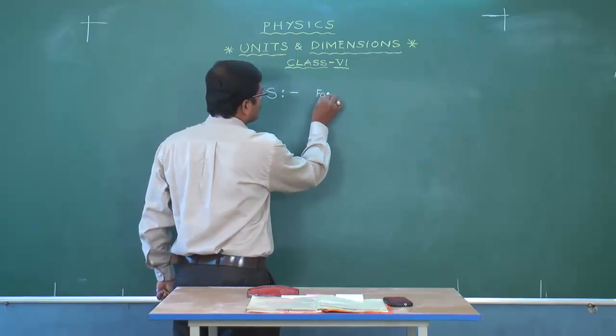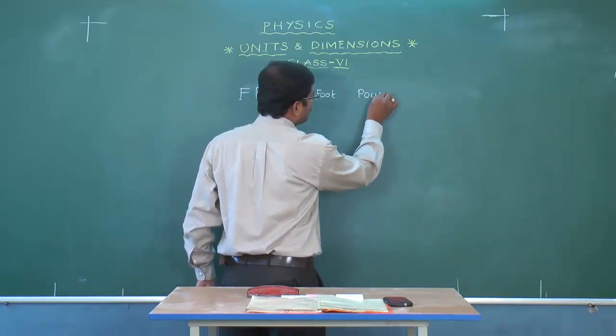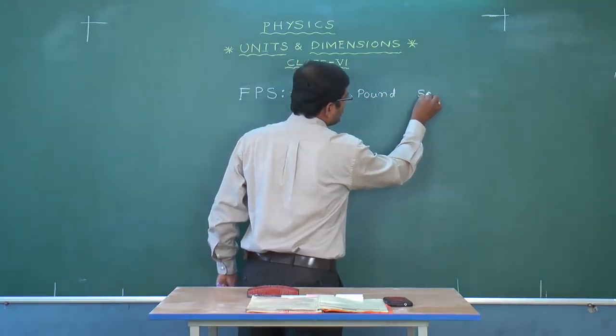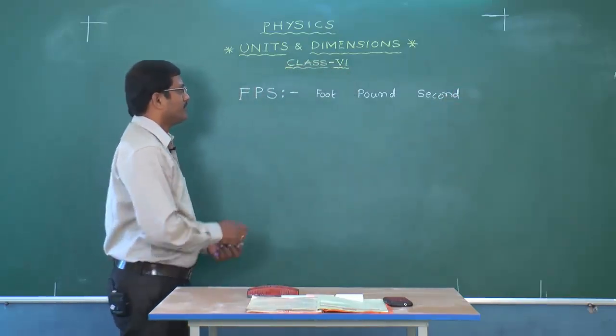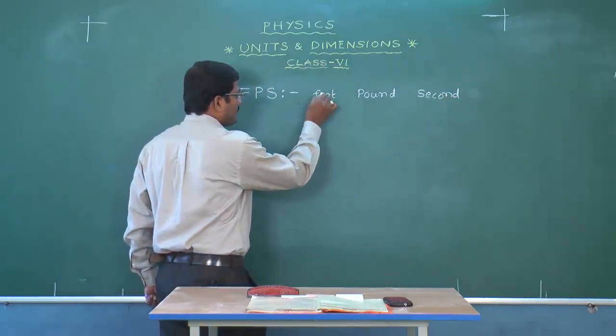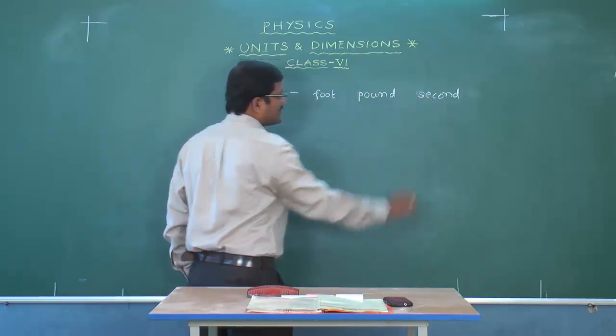That is, look at this: foot, next a pound, and then second in this system. So better to write this in small letters: pound and then second.